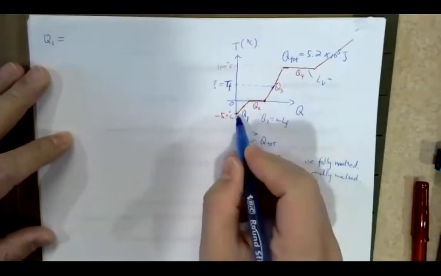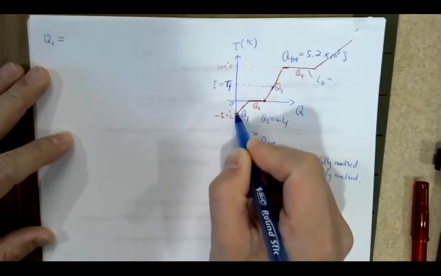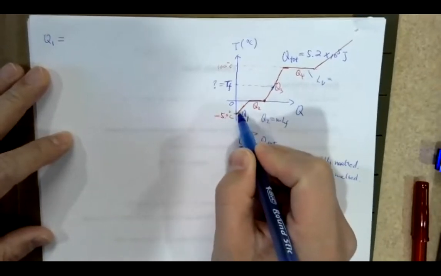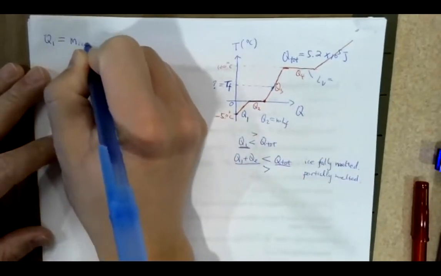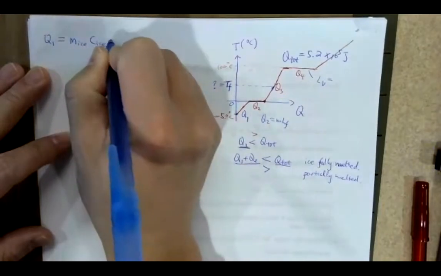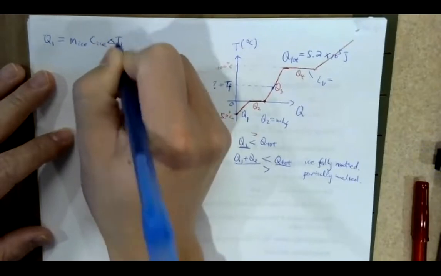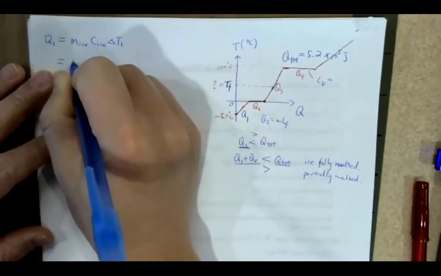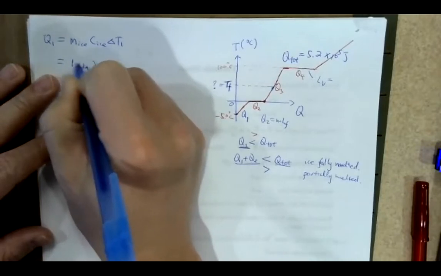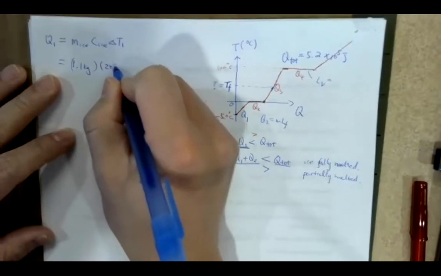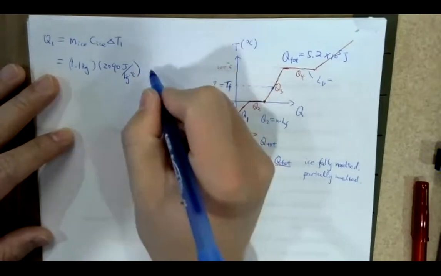So Q1 is the heat needed to increase the temperature of ice from -5 to 0 degrees. Okay, so it's going to be mass of the ice, C of the ice, times delta T, in this case delta T1. So the mass is 1.1 kilograms times, for the ice, 2090 joules per kilogram per degree Celsius.